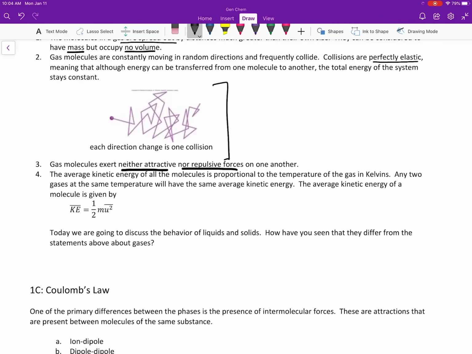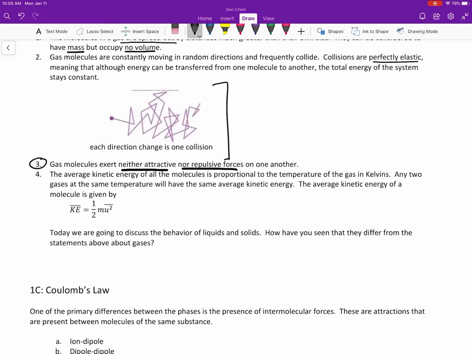Now we discussed that there were ideal and real gases, and that we assume this to be true in ideal gas behavior, but real gases behave real, and there is some amount of attractive or repulsive force, but for the most part we pretended that they just did not have any sort of attraction or repulsion. This is not going to be true about liquids and solids.